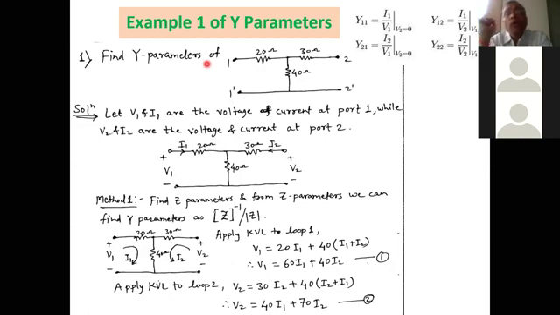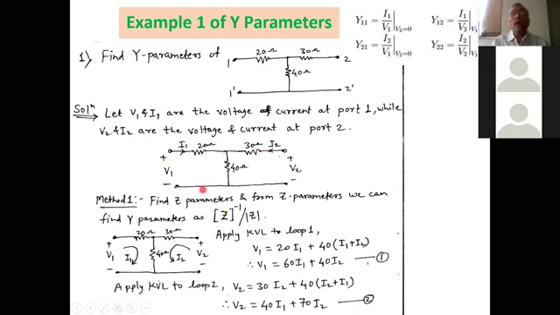Now, first, for any two-port network, for finding any parameter, you have to first assume the voltages and currents in both the ports. So let V1 and I1 be the voltage and current at port 1, while V2 and I2 are the voltage and current at port 2. You can redraw this diagram and show these voltages and currents here.